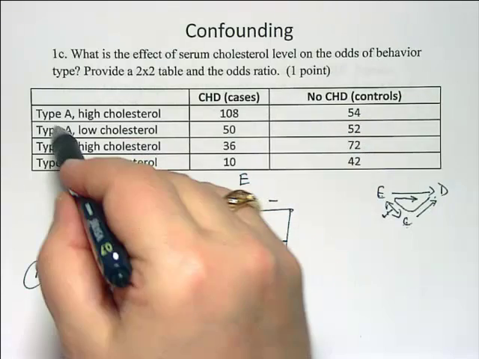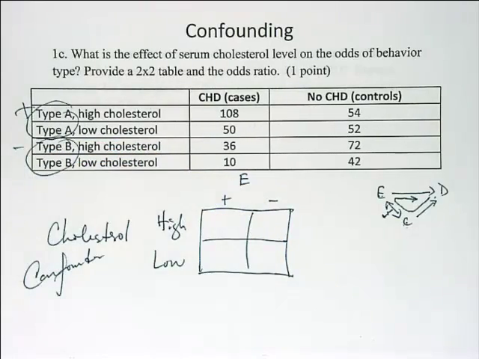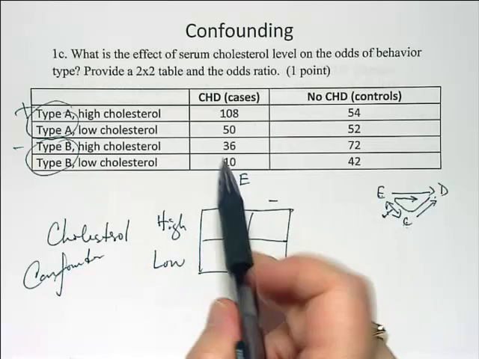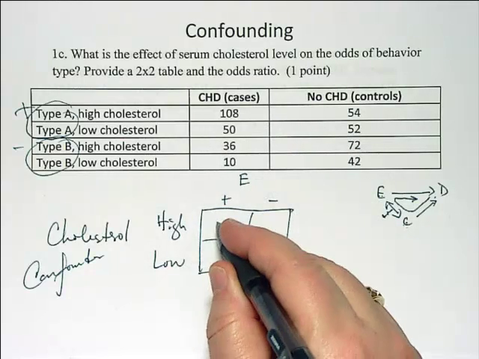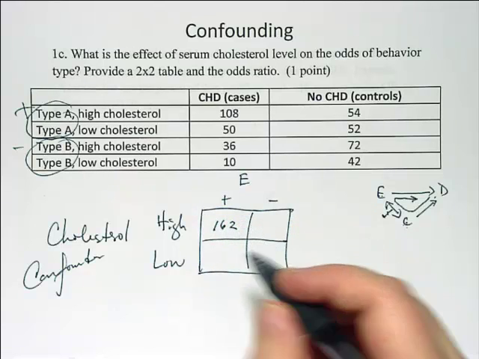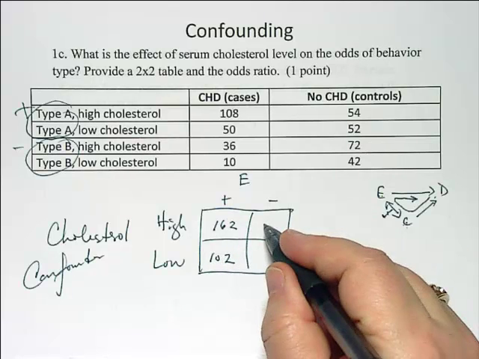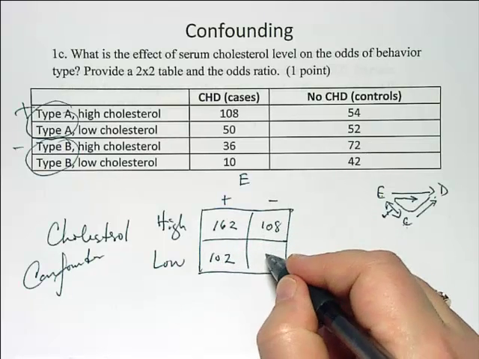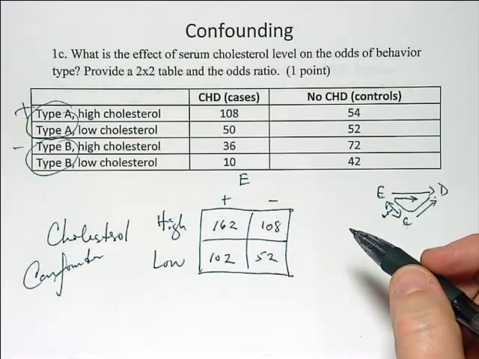So remember the exposure here. This is the plus and this is the minus. So now doing the collapsing in a completely different way, we find 162 individuals here and 102 individuals there and 108 individuals here and 52 individuals there.